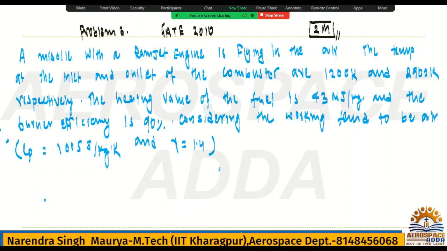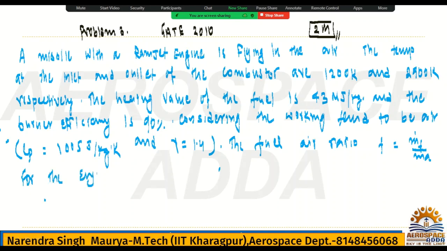The fuel air ratio, small f. Fuel air ratio means m dot f by m dot a, for the engine is equal to.